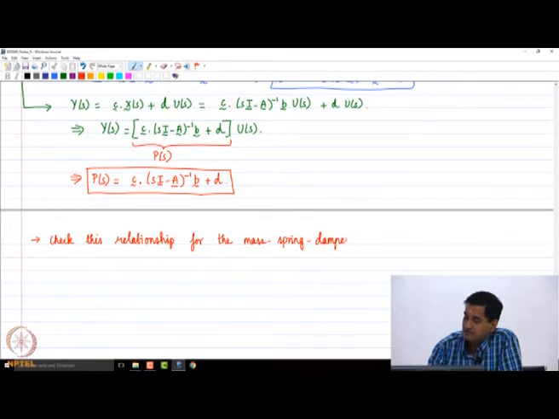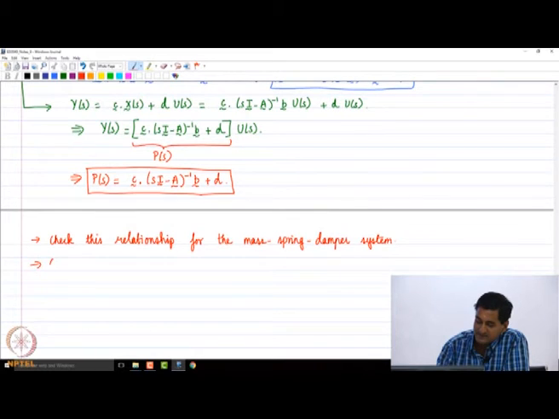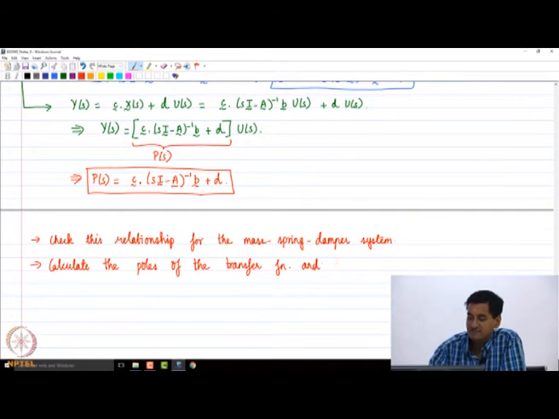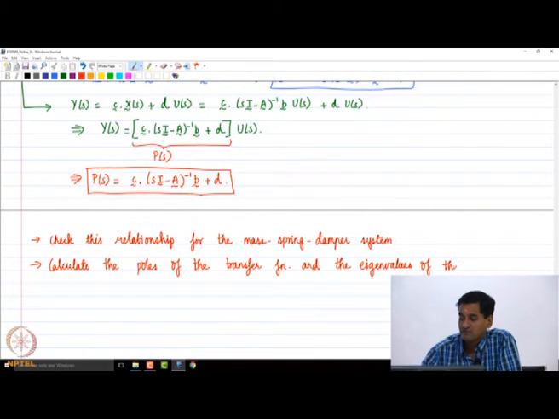And then another exercise: calculate the poles of the transfer function and the eigenvalues of the state matrix, and comment. Please do these two problems and then we will meet in tomorrow's class and continue with the discussion.